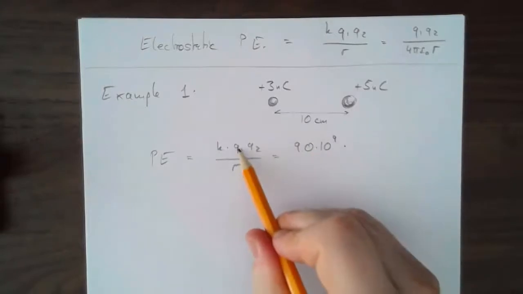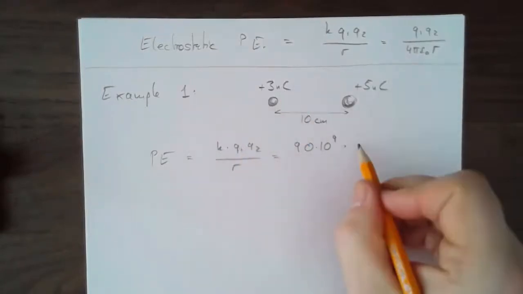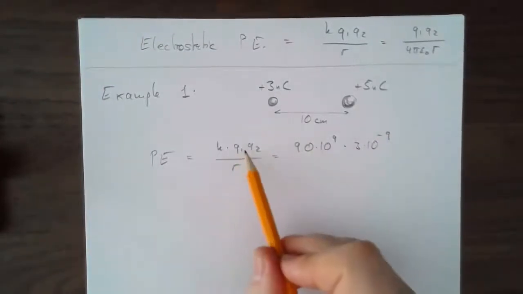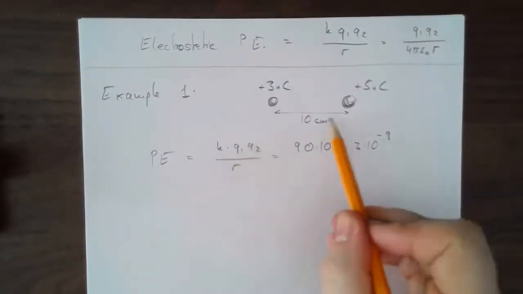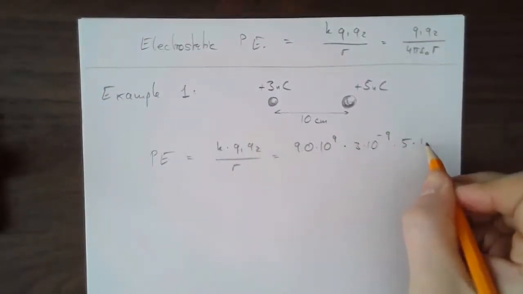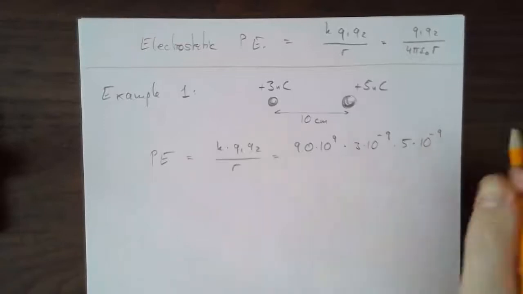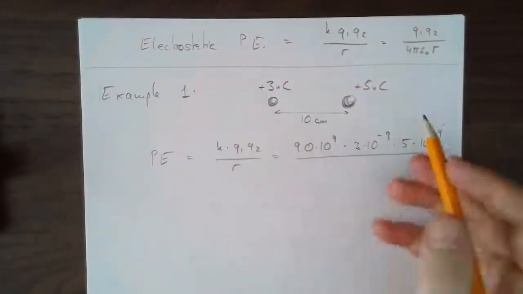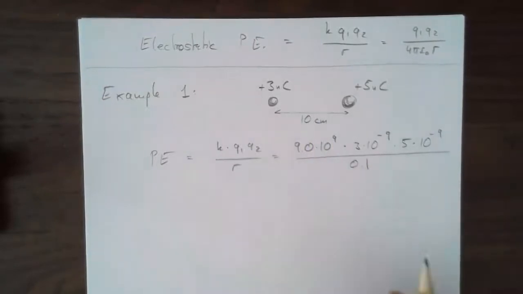Then this has to be in coulombs. So this is going to be 3 times 10 to the minus 9 coulombs. Then q2 is 5 nanocoulombs. That's 5 times 10 to the minus 9 coulombs. And I divide by r in meters, 10 centimeters, 0.1 meter.